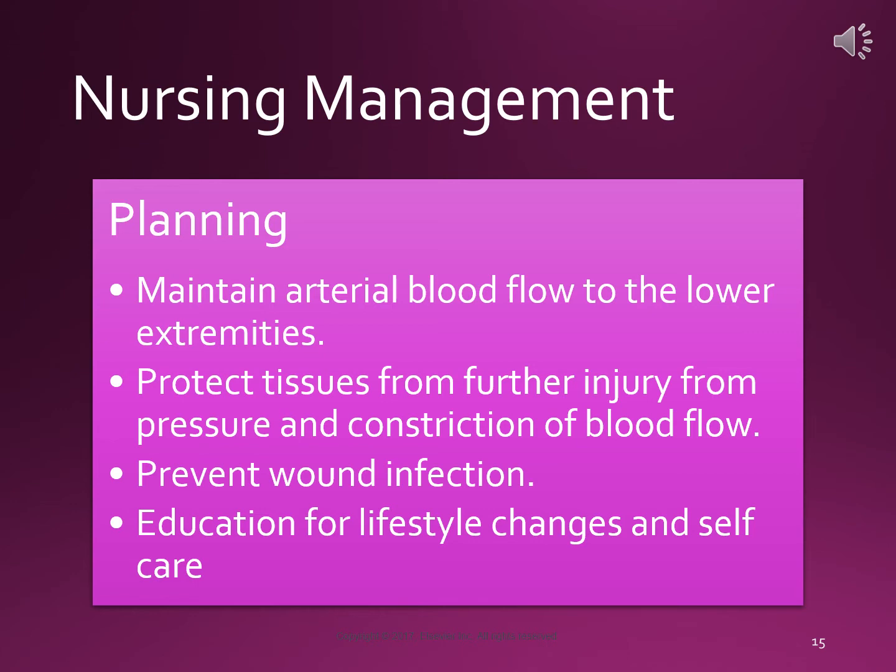Your interventions would hopefully help protect the tissues from further injury from either pressure on them or from further constriction of the blood flow. If they have wounds, you really want to try to prevent any kind of possible wound infection. And then also there's education for lifestyle changes and self-care.